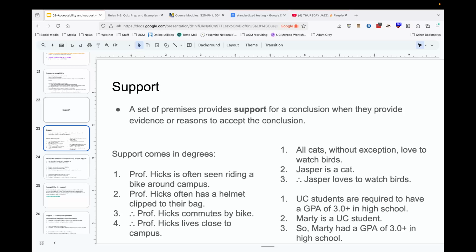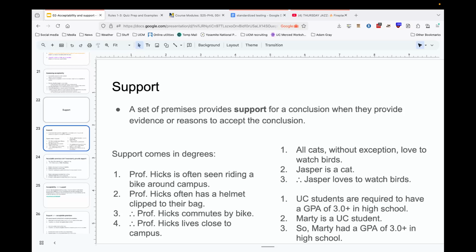Kind of similar with the second example, UC students are required to have a GPA of 3.0 or better in high school. If Marty is a UC student, then we can conclude with absolute certainty that Marty had a GPA of 3.0 or better in high school. Setting aside the complexities of transfer students and stuff like that.